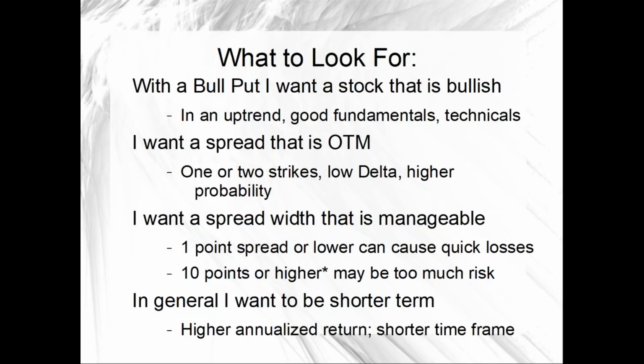I want a spread width that is manageable. A 1-point spread carries much lower monetary risk, but you need to trade more contracts to avoid the commissions hurting you too much. A 1-point spread can cause quick losses.